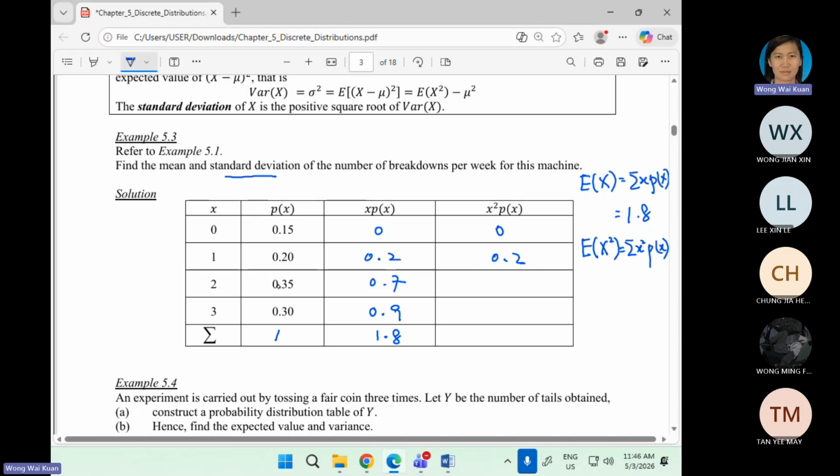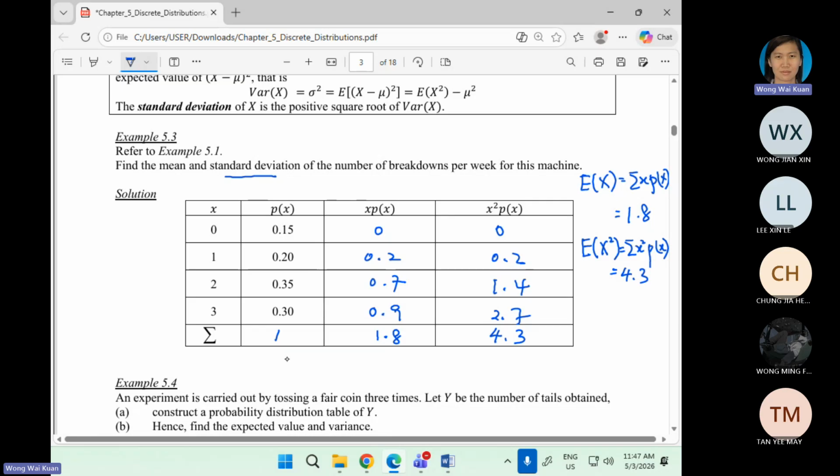Then 0.35 times 2 squared is 1.4. Then 0.3 times 3 squared is 2.7. When I sum, I have 4.3.